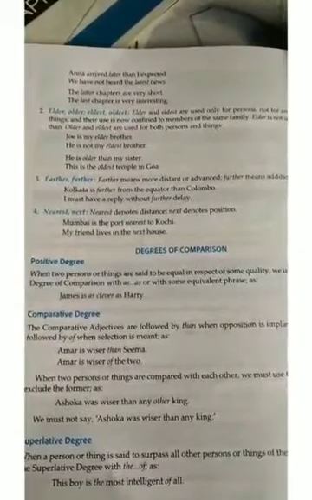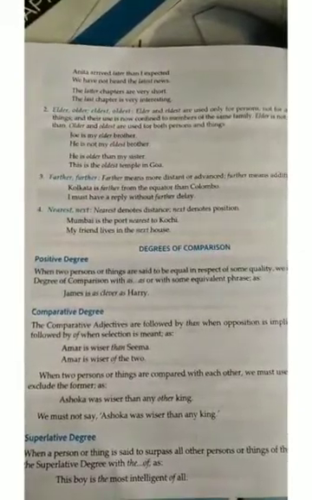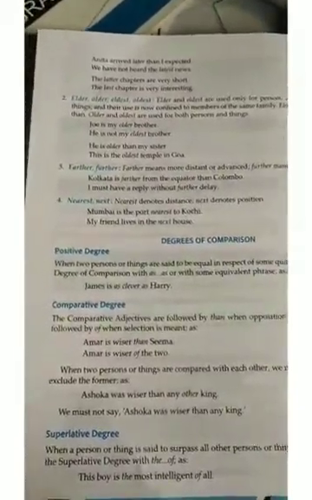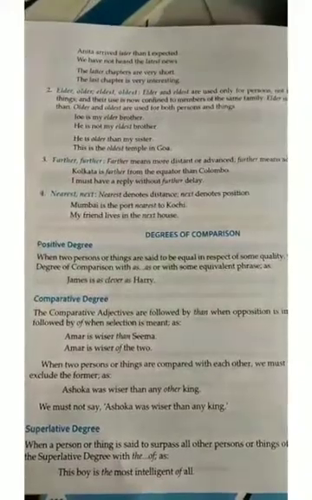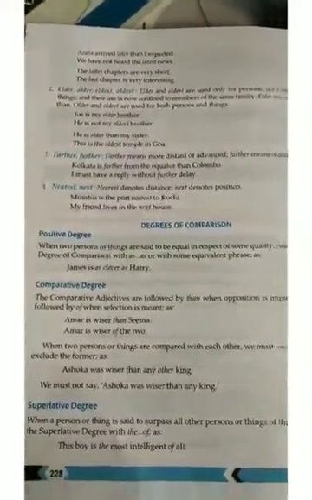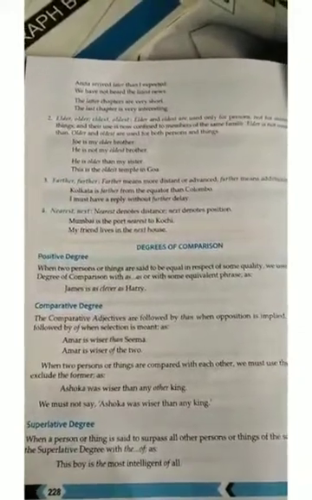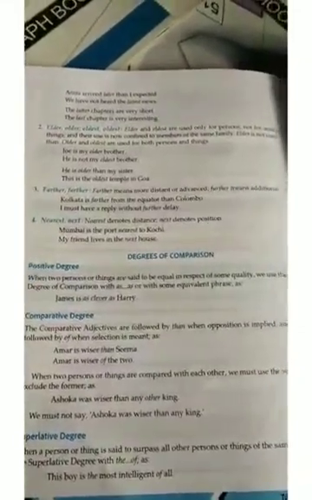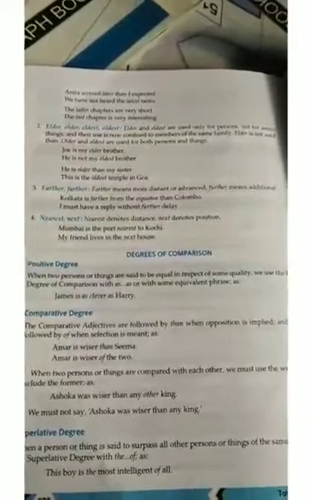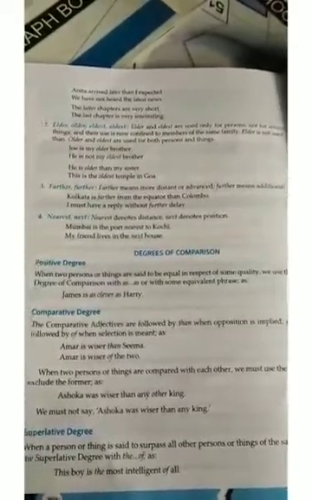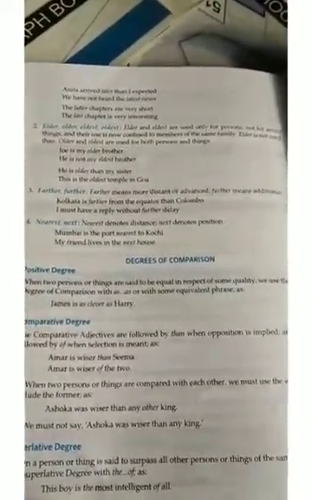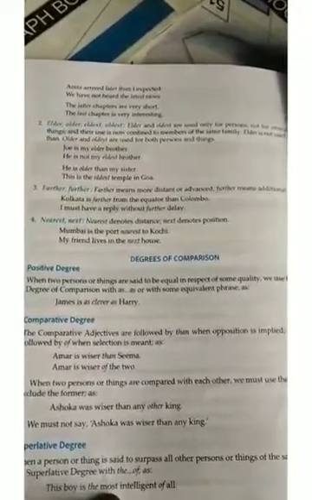We must not say Ashoka was wiser than any king. Then we have superlative degree. In this, when we compare all the persons and things, we use the, of. This boy is the most intelligent of all. So of to compare, and this is the highest degree.